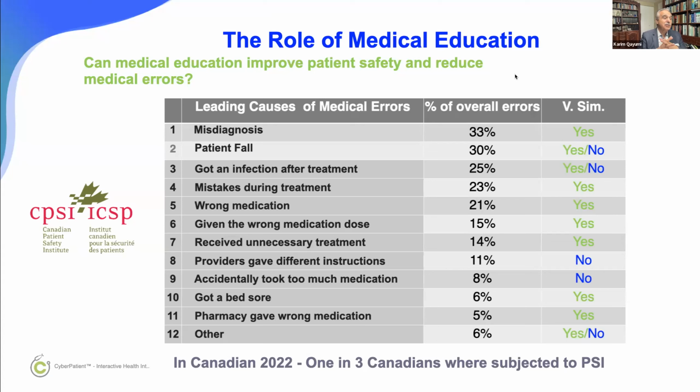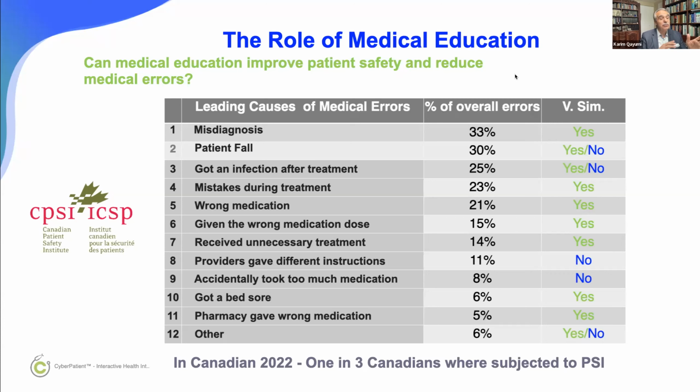Those are classified as: 33% misdiagnosis, patient fall 30%, getting an infection after treatment 25%, mistakes during treatment 23%, wrong medication 21%, wrong medication doses 15%, received unnecessary treatment 14%, providers gave different instructions 11%, accidentally took too much medication 8%, got a bed sore 6%, pharmacy gave the wrong medications 5%, and others 4%.